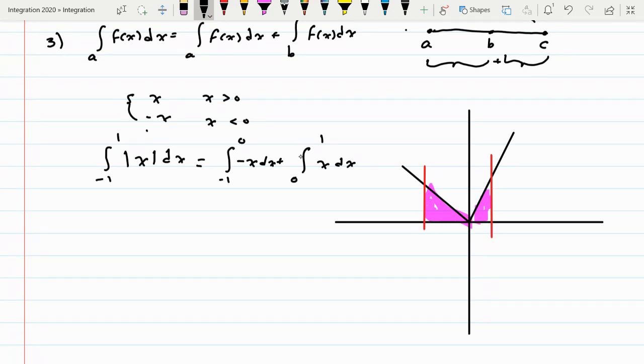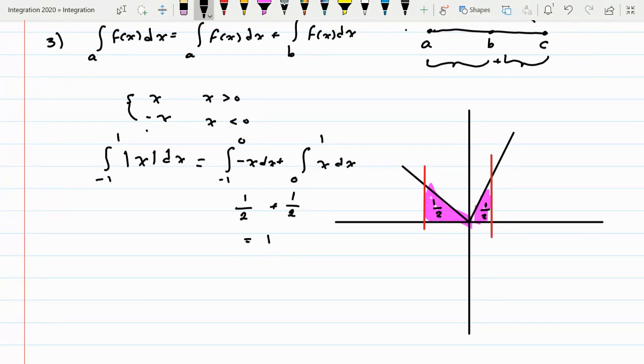The integral from -1, it's -x squared over 2, which is going to be negative half squared, it is half, plus from 0 to 1, it's going to be another half. So each one of them is a half, and the area is 1, because the absolute value is a special case.